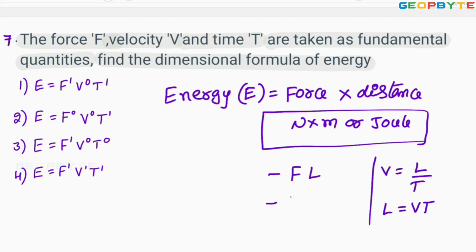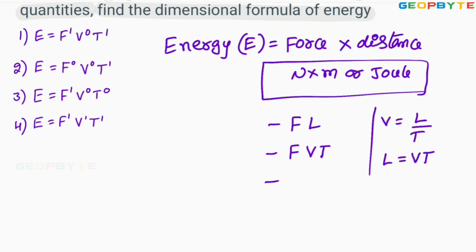So it can be written as force multiplied by L equals F into V into T. So it can be written as F power 1, V power 1, T power 1. So this is the dimensional formula for the energy. Look at option 4. The fourth option is absolutely correct. I hope all of you understood. These are all very, very important and easy problems.